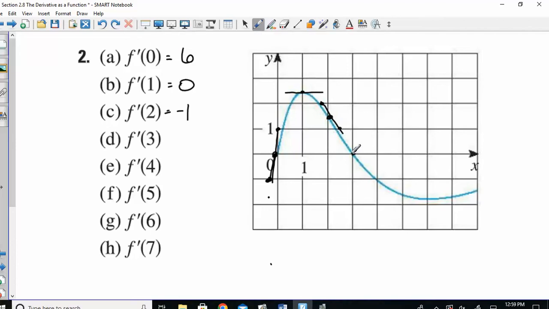At 3, what kind of slope would this line have? Should be negative. Again, you are probably having a little more success using your rulers here.